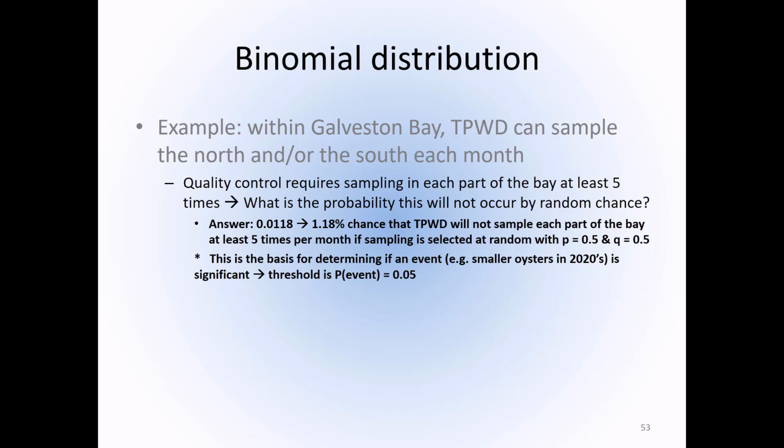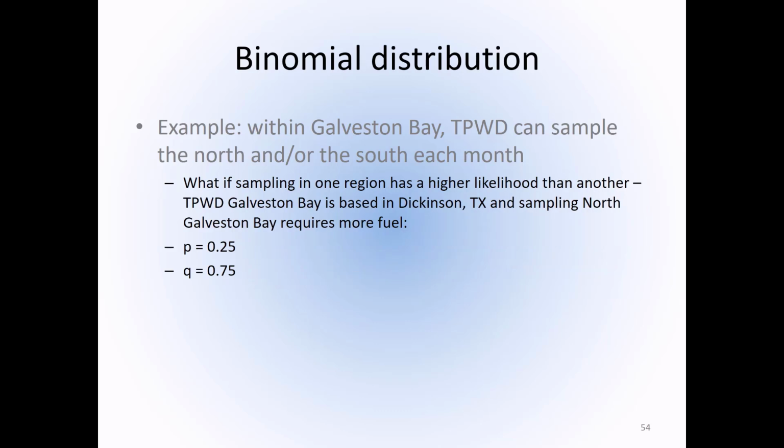Now, what if we decide to make an adjustment to our probabilities? TPWD Galveston Bay is based in Dickinson, so maybe it requires more fuel for them to sample North Galveston Bay versus South Galveston Bay, so we make some adjustments to the probabilities to make sure our budget works. So we can adjust our probability of sampling in North Galveston Bay to 0.25, and now the probability of not sampling in North Galveston Bay increases to 0.75.